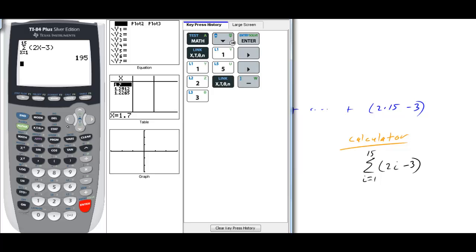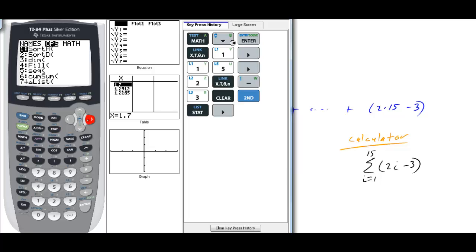Now, if you have another calculator that's TI-83 and it doesn't look like this, or you don't have this form, another option is to go into second stat button. So hit second function stat, scroll to the top to math, and then number 5, which is sum.